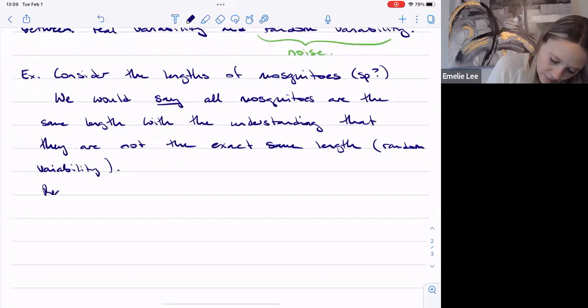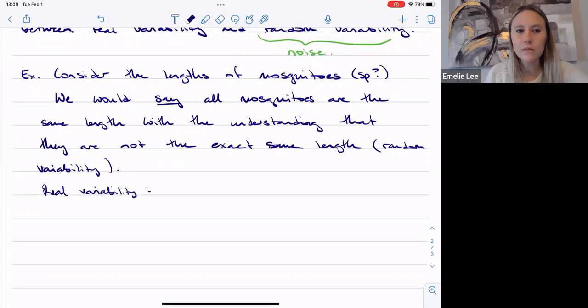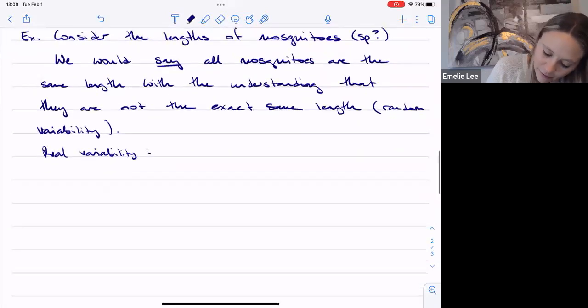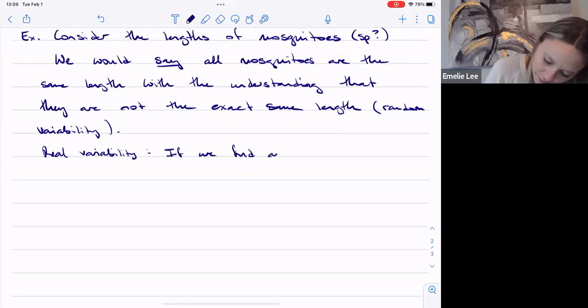Whereas the real variability is if we find an exceptionally large mosquito.